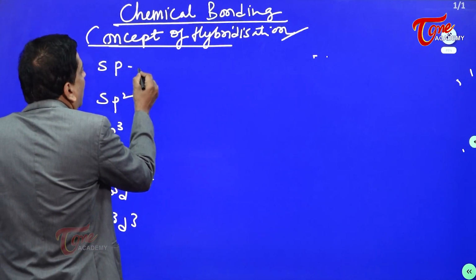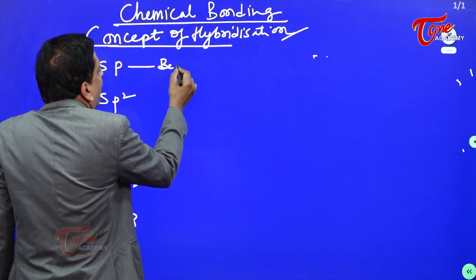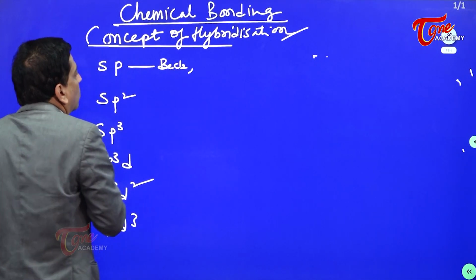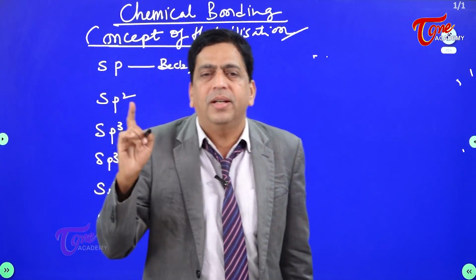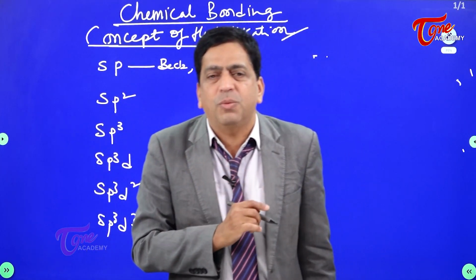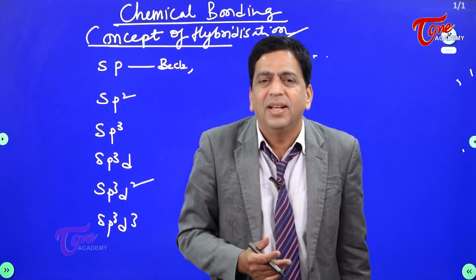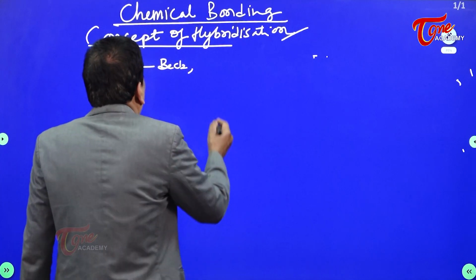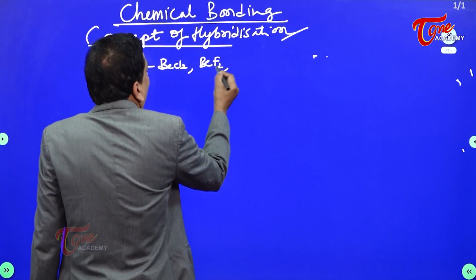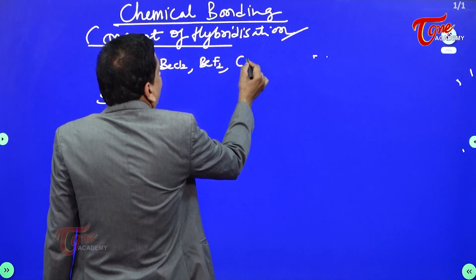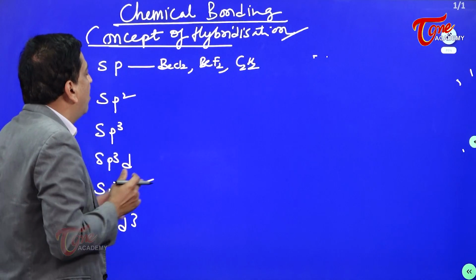If it is sp, it is beryllium chloride, which is not explained by the valence bond theory, where he was struggling to explain that p orbital projection onto S is not fixed and all these kinds of things, right? Beryllium chloride is an example, beryllium fluoride is an example, and even acetylene, C2H2, will be forming an example.